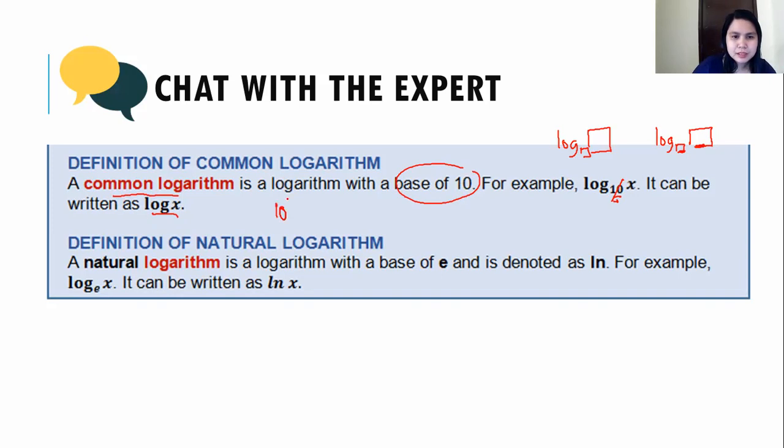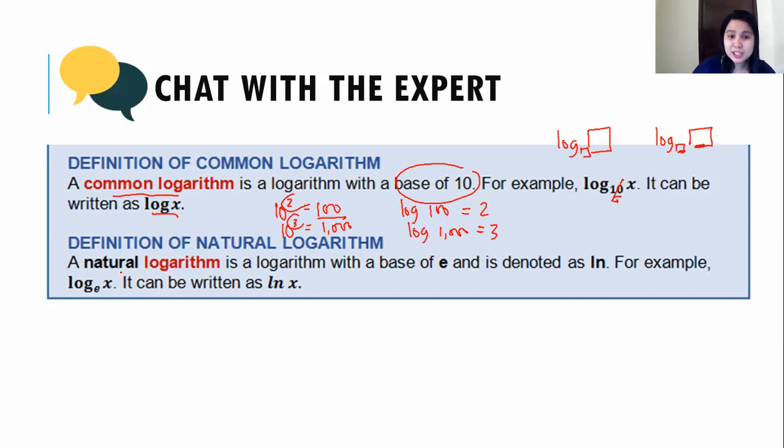Example, 10 squared equals 100. 10 cubed equals 1,000. So if I solve for the logarithm of 100, the answer will be the exponent, 2. If I solve for the logarithm of 1,000, what's the exponent of 10? 3. And that is how the common logarithm works.